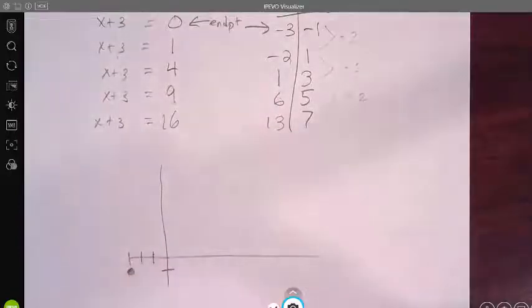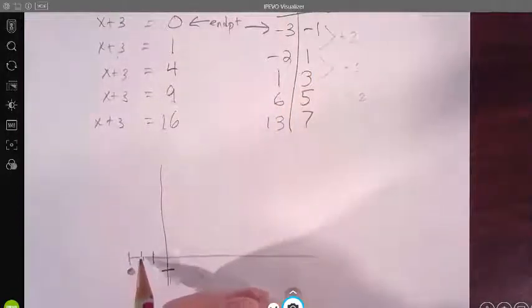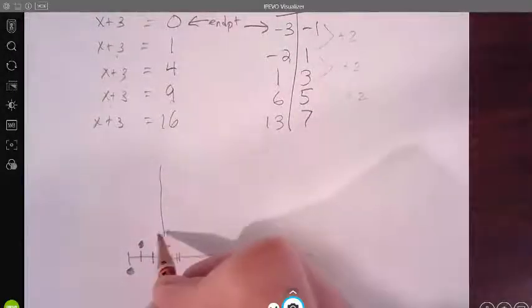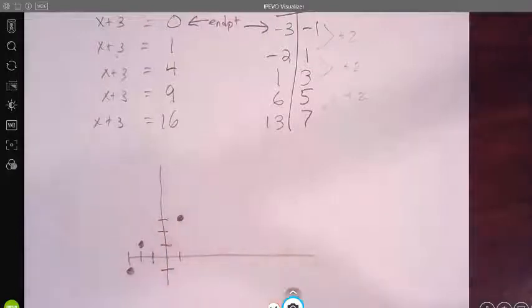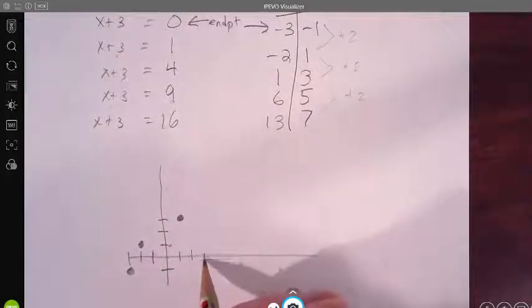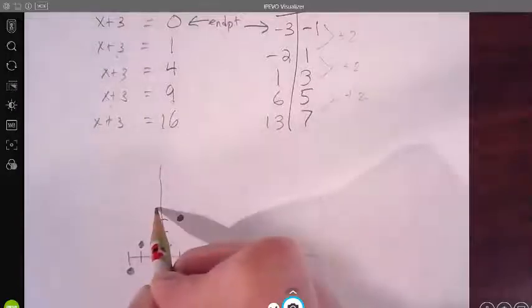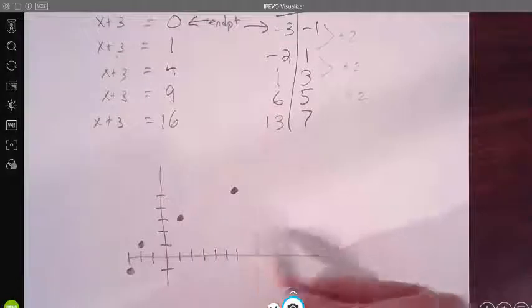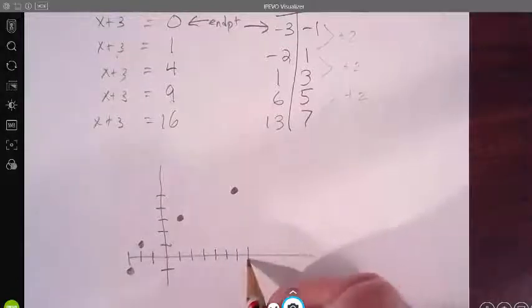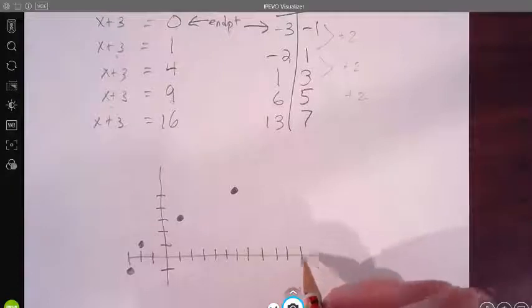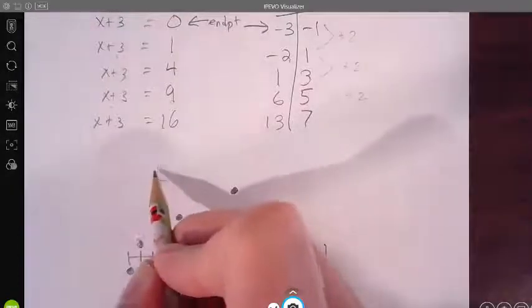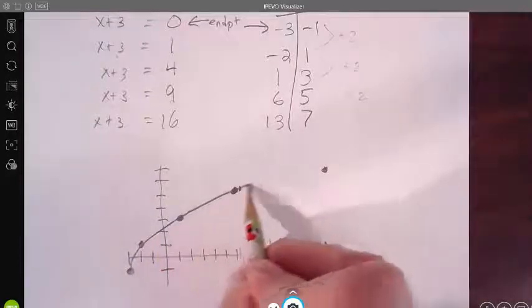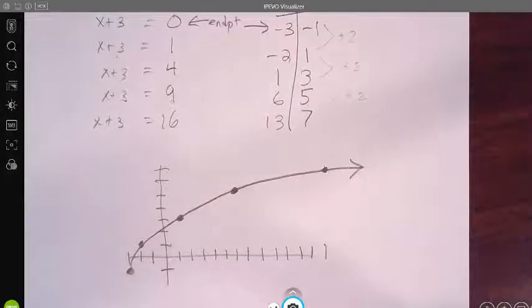That's going to be the endpoint of my graph. -2, +1 would be about there. 1, 3 is up a little higher. 6, 5. And then I've got to get out to 13 on this axis, and up to 7. That's my endpoint.